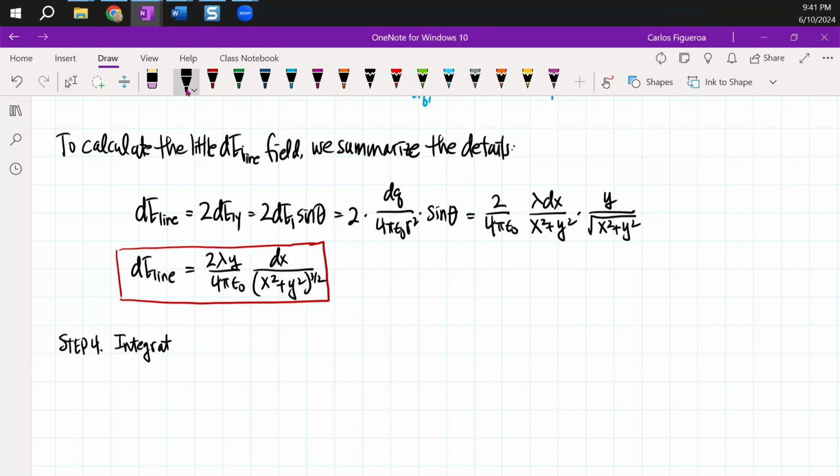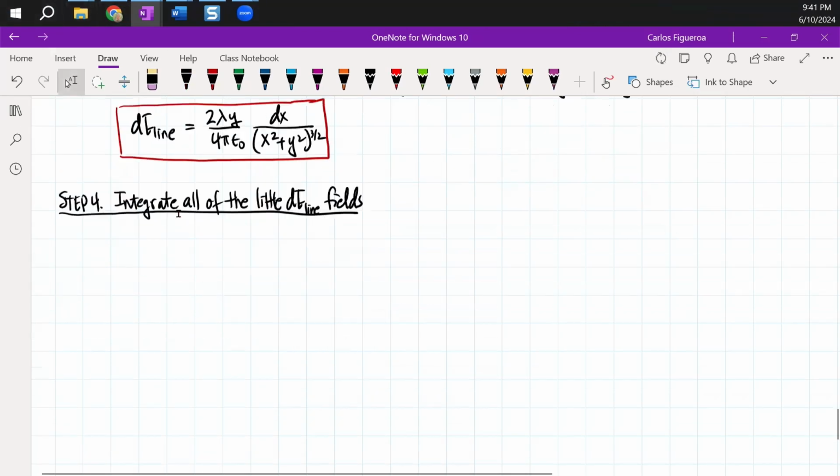We're going to integrate all of the little dE line fields. So in order to compute the net field, we have to integrate, right?